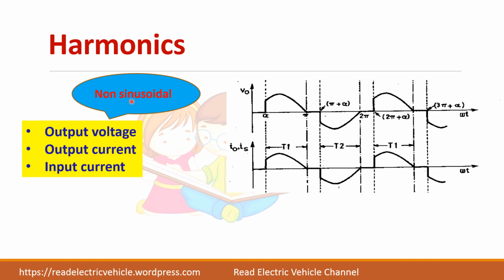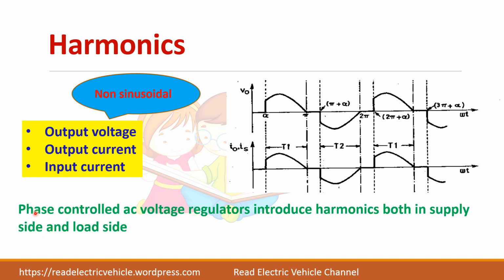When the waveform deviates from a sinusoidal waveform, you will get harmonics. So this phase controlled AC voltage regulator introduces harmonics, not only on the output side but also on the input side. So in input and output side, it is introducing harmonics.